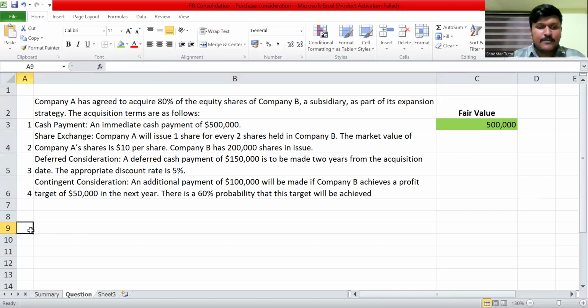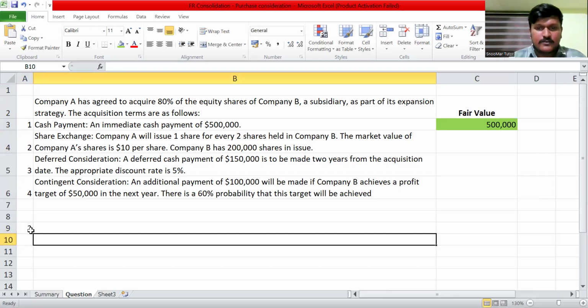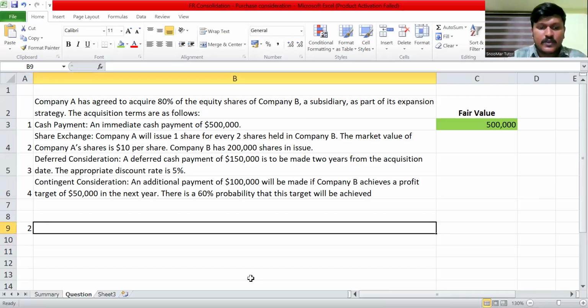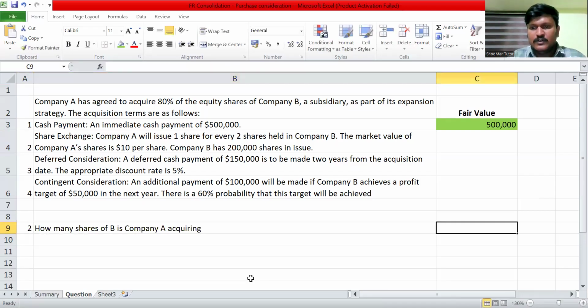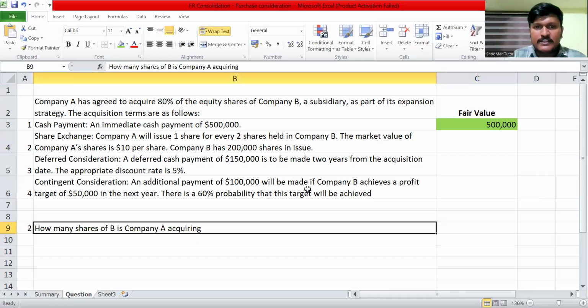Now for the second part, we need to calculate further. What all things do we need to calculate? How many shares of B is company A acquiring? We already know that they are acquiring 80%.